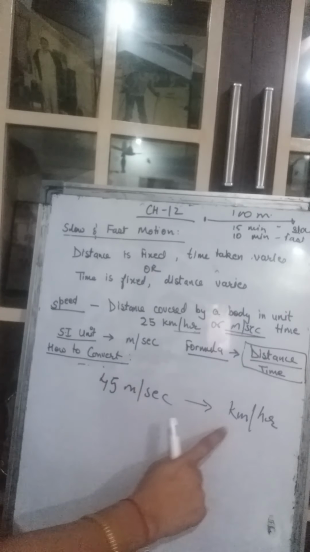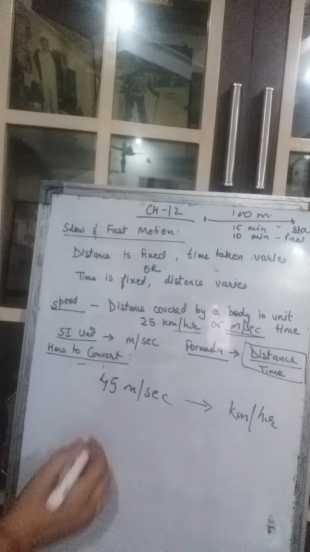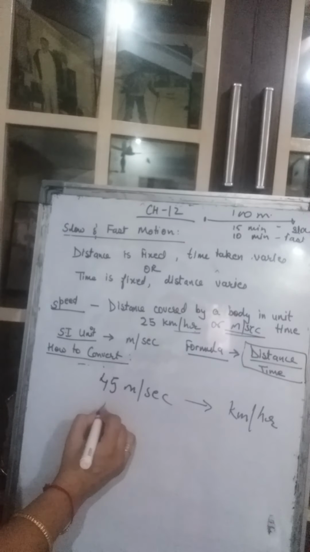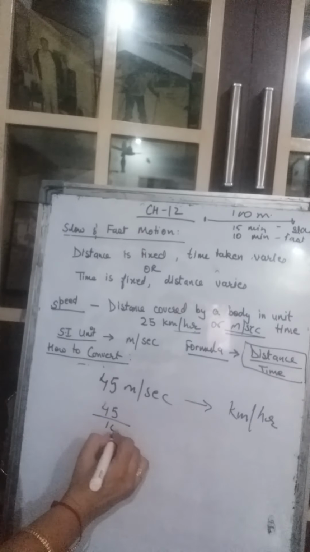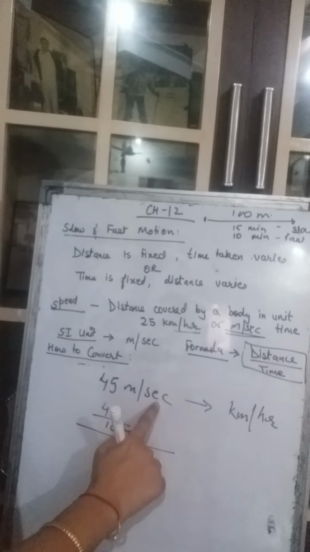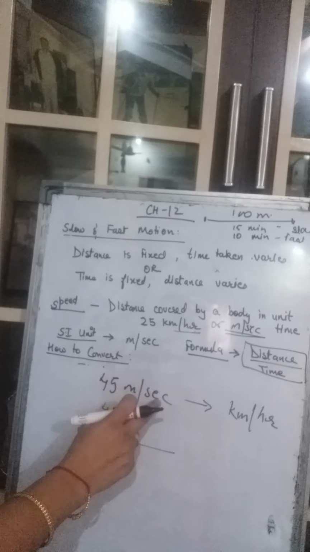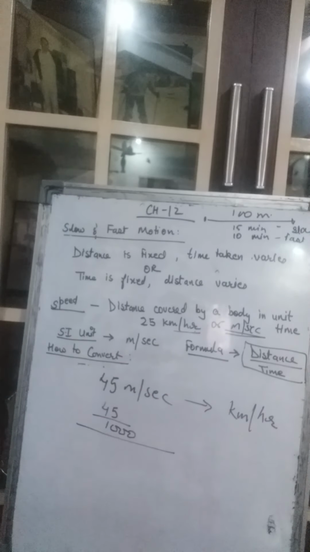Now, 1 meter is equal to how many kilometer? It is 1 upon 1000. Isn't it? So, that is 1 meter, 45 upon 1000. Further divided by 1 second, which is equal to how many hour? 1 upon 3600, because this is a smaller unit, we are going into a bigger unit, that means division will take place.